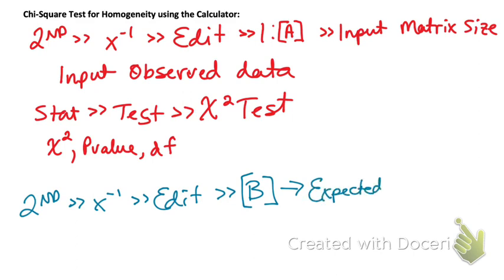Expected values are listed. So, while you might not get the expected values in the problem, you can go here and get the expected values. Pretty cool, huh?